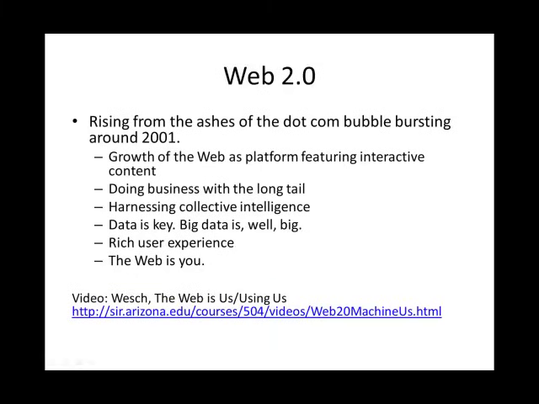Well, all that crashed around 2001, and the companies that survived are the companies that managed to redevelop the web into what it is today. We're talking about companies like Amazon, whose stock during the dot-com bubble was literally decimated, and then because of their ability to leverage social computing and some of these Web 2.0 concepts, is now one of the more successful companies around, along with companies like Google and some of the others.